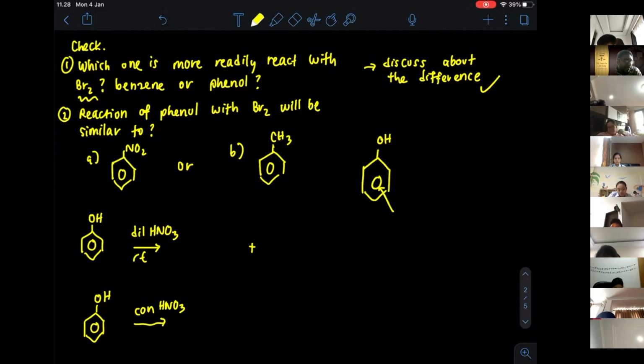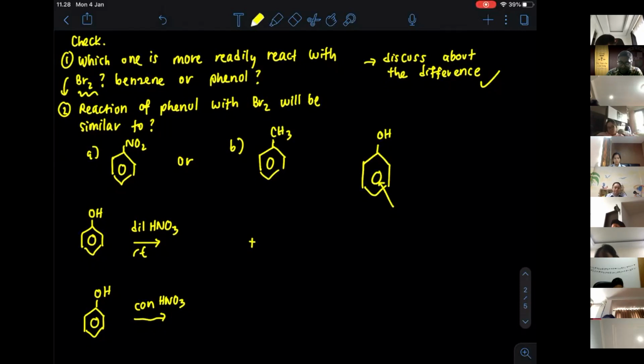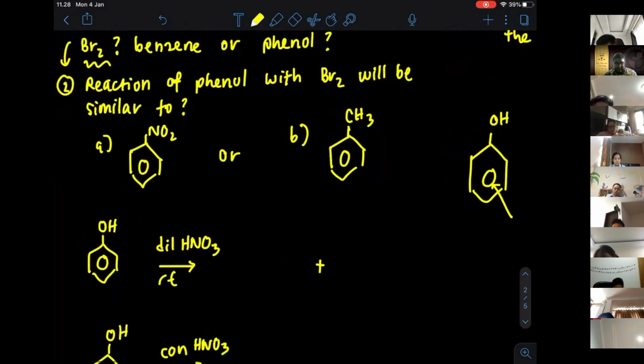If you look at the second part also, the reaction of phenol with Br2 will be similar to what? The question is, is it going to be similar to A or similar to B? To answer this, maybe Janice, can you answer this?